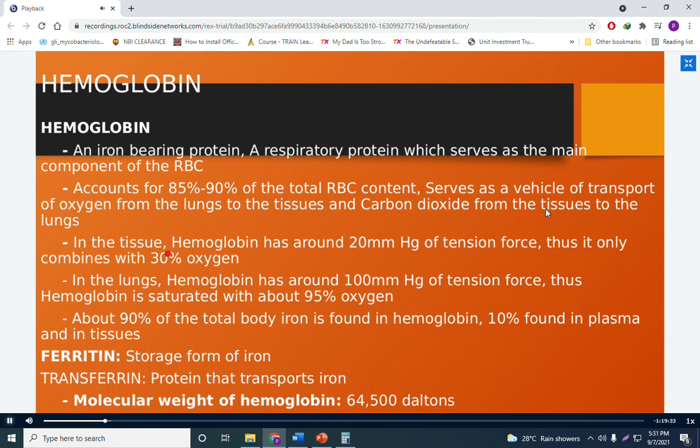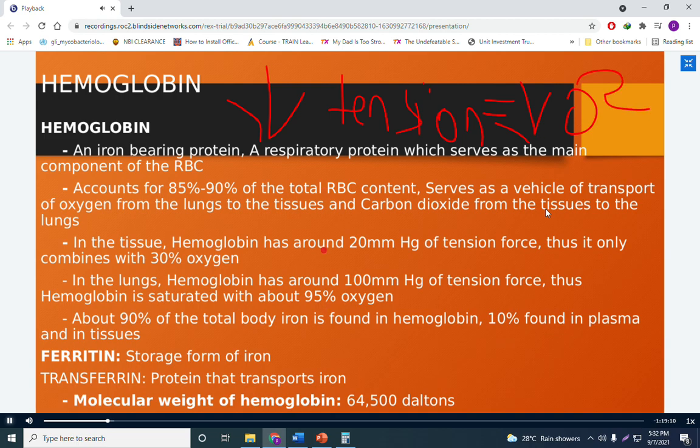So let's take a look at it. Sabi dito class, sa tissues, hemoglobin has around 20 millimeter mercury of tension force. Thus, it only combines with 30% oxygen. Thus, the lower the tension force, the lower the capacity of hemoglobin to combine with oxygen. Okay?